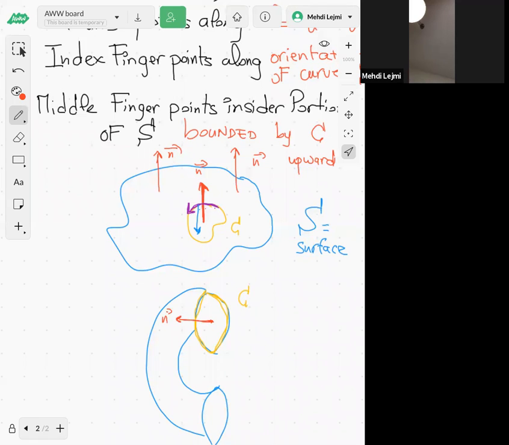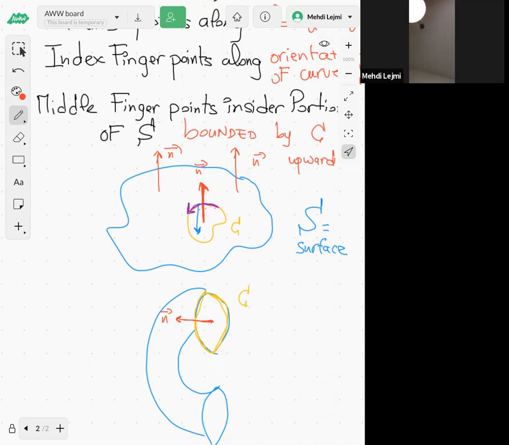So you take your right hand, your thumb points along the normal vector. So you curl the fingers of your right hand. The thumb is the normal vector.